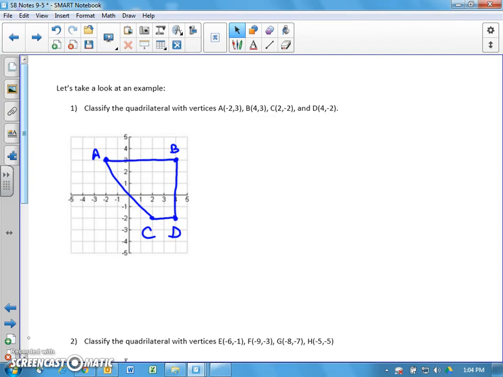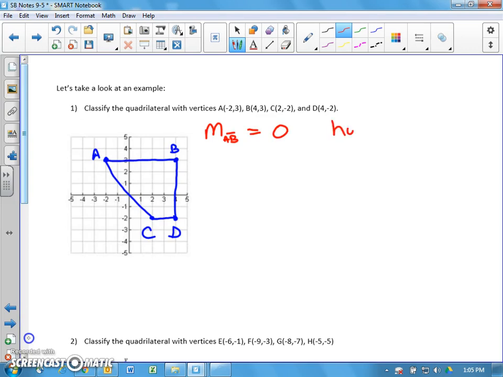Since we have this on a grid, we can actually use rise over run to count our slopes. So the slope of side AB would be 0 because it's a horizontal line. The slope of side BD, because it's a vertical line, would be undefined.